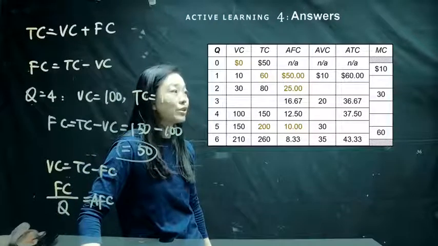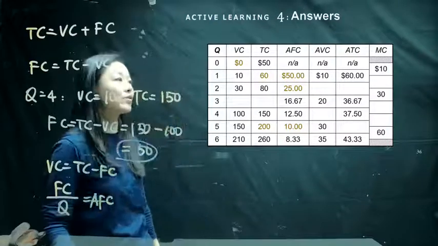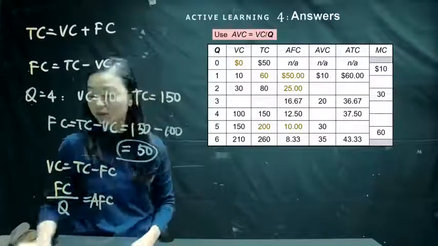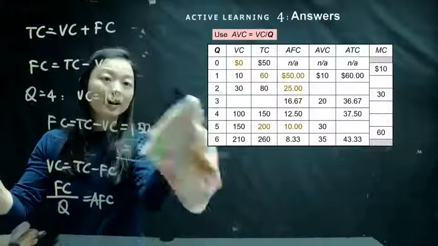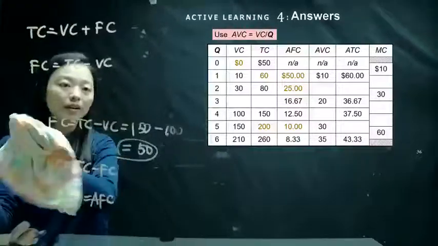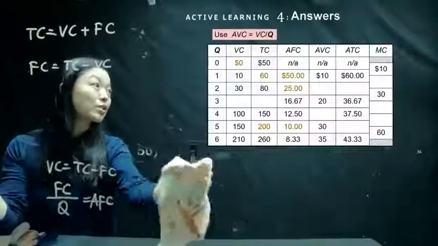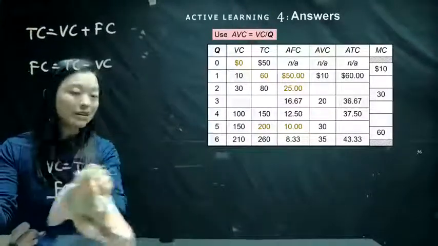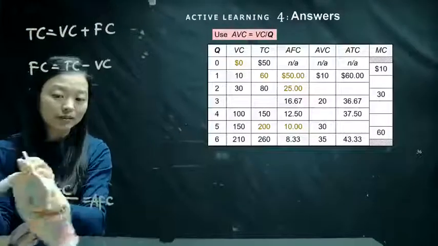Then how can you get average variable cost? Average variable cost just equals variable cost divided by quantity. You just use the second column divided by the first column.